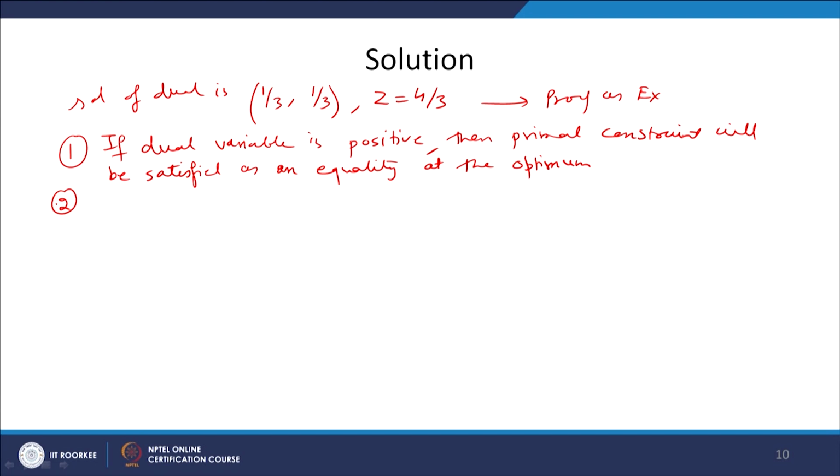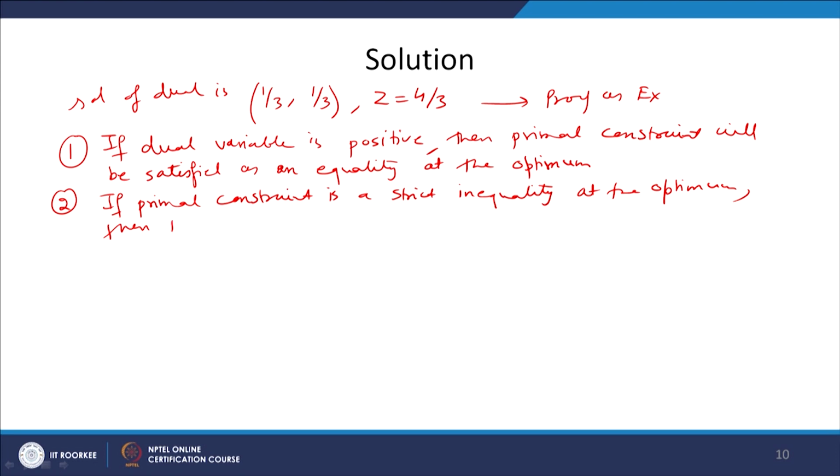Second condition that we will be using is if the primal constraint is a strict inequality, that means there is no is equal to, at the optimum, then the corresponding dual variable must be 0 at the optimum.